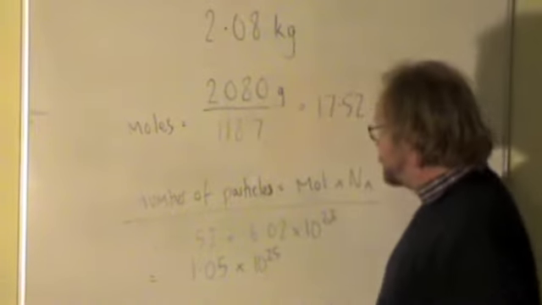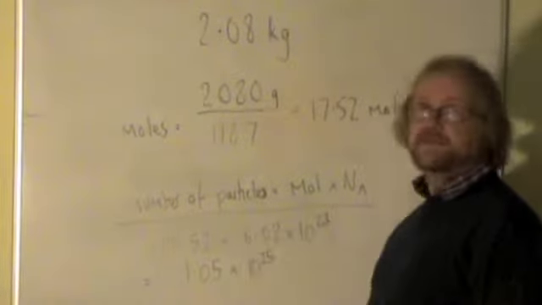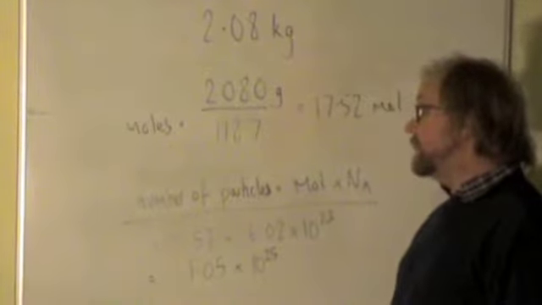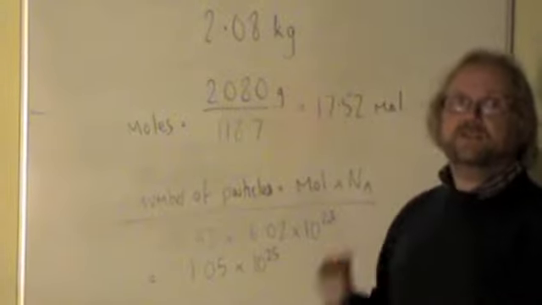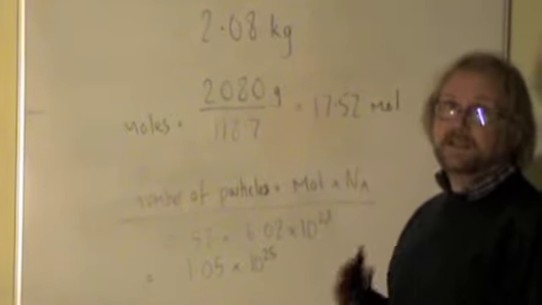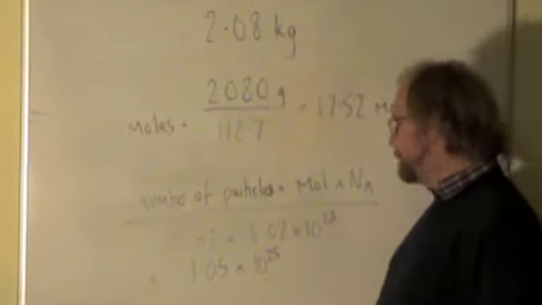Okay, make sure you don't overround. It's not just 1 times 10 to the 25. You need those 3 significant figures in there. 1.05 times 10 to the 25, because it says give your answer to 3 significant figures. Make sure you don't miss those little instructions. It's really important, if it tells you to round it to a specific level, that you do that.